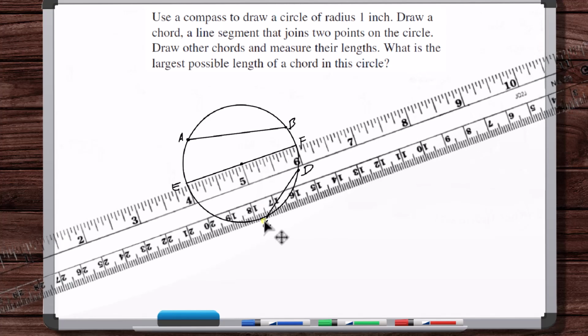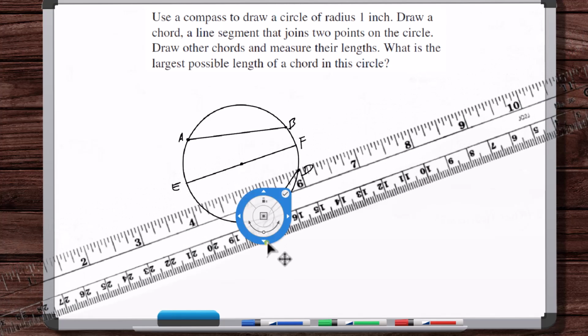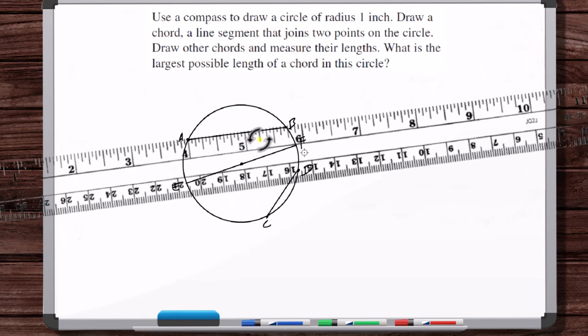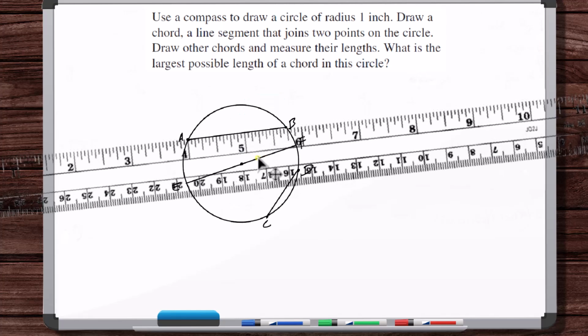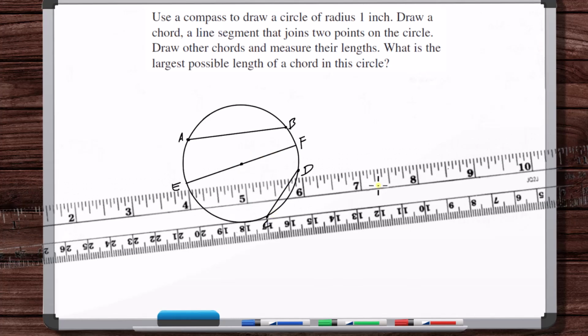And it is. But any other chord outside of a diameter that we measure is going to be less than 2 inches, is what we would expect. Our intuition tells us that. So there you go. See, it's less than 2 inches. And obviously, so is CD. So the longest chord we can get is a 2-inch chord.